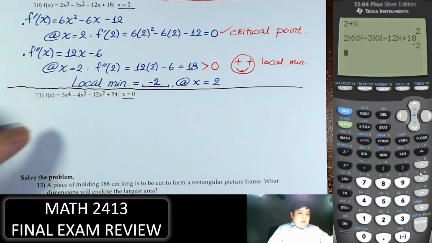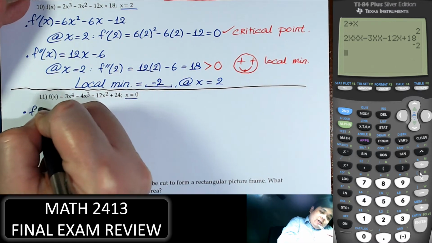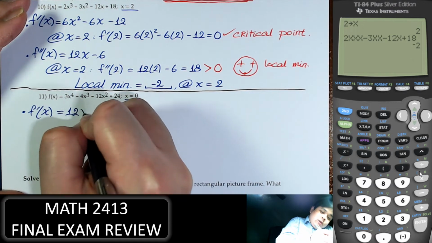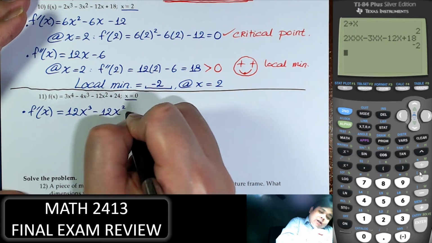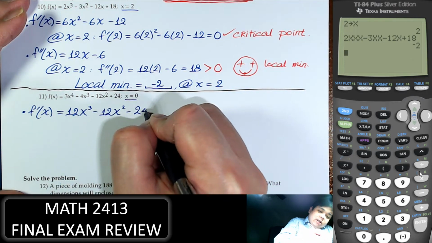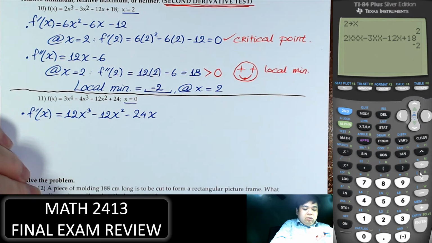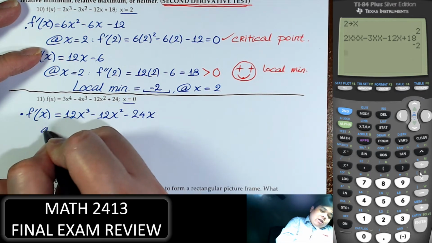So for this one, first we'll take the derivative. 12x cubed minus 12x squared minus 24x. Evaluate at x equal to 0.